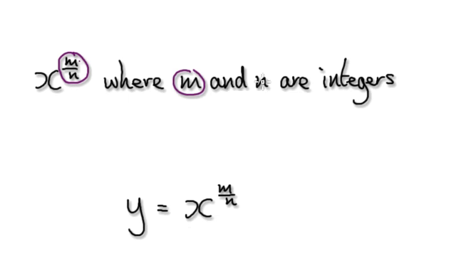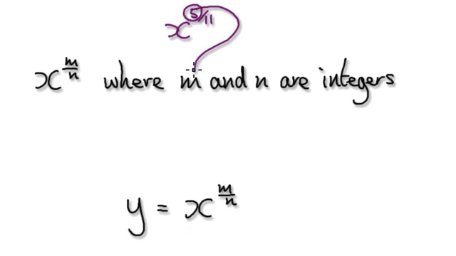By writing it in this form, we will cover all the possible scenarios of x to the power of a fraction. So if you have x to the power of, let's say, 5/11, the 5 is the m, and the 11 is the n.